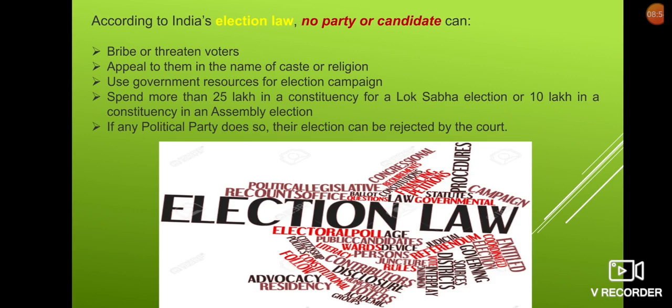No party or candidate can spend more than 25 lakh in a constituency for a Lok Sabha election or 10 lakh in a constituency in an assembly election. If any political party does so, their election can be rejected by the court.